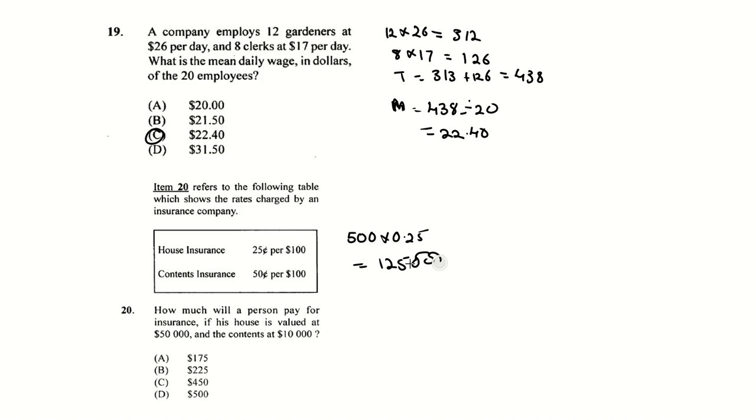And then how many hundreds in 10,000? That would be 100. 100 by 0.50 would be 50. So your total insurance would be 125 plus 50, which is 175, which is E.